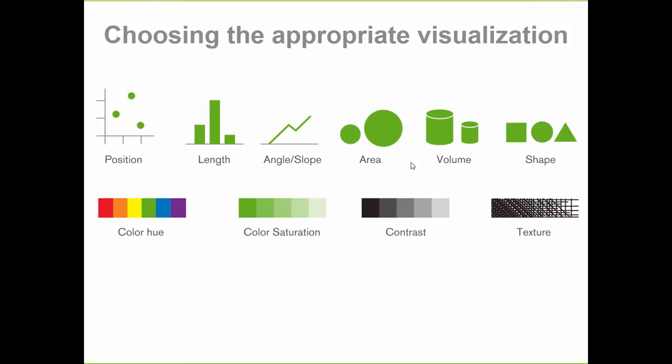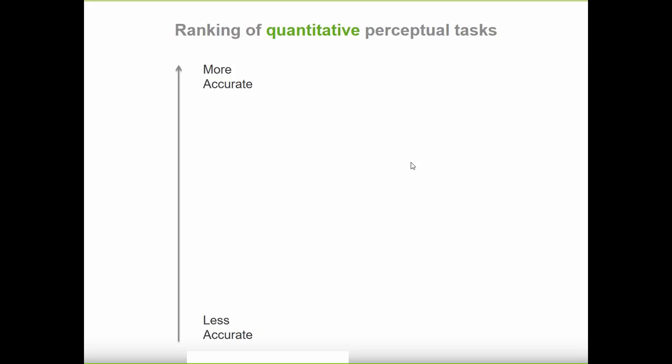Sometimes we'll use data in graphical elements, and that will encode the data in various ways. We can look at it in terms of position, length, color, shape, but what is most important is when we are encoding the data, we need to find out which one is going to be interpreted in a more valuable way. When we look at it in terms of quantitative perceptual ranking, from more accurate to less accurate, we see that positioning is more important in determining how we perceive quantity.